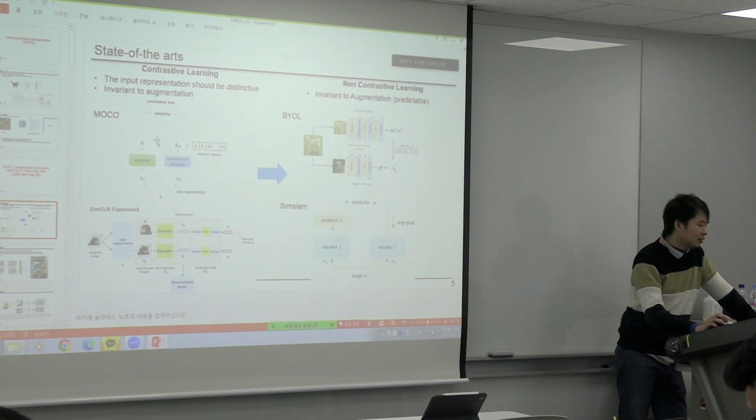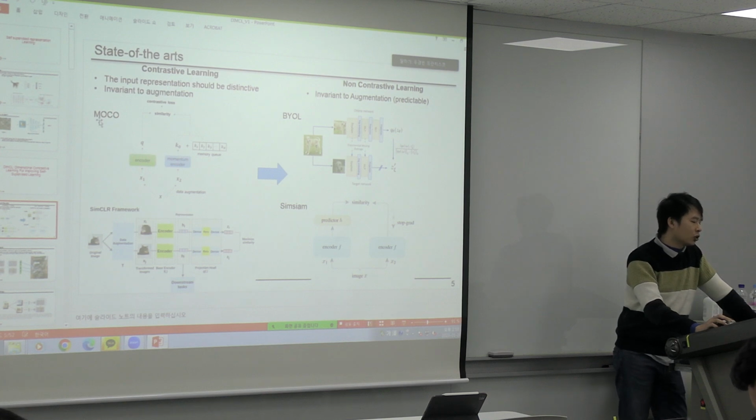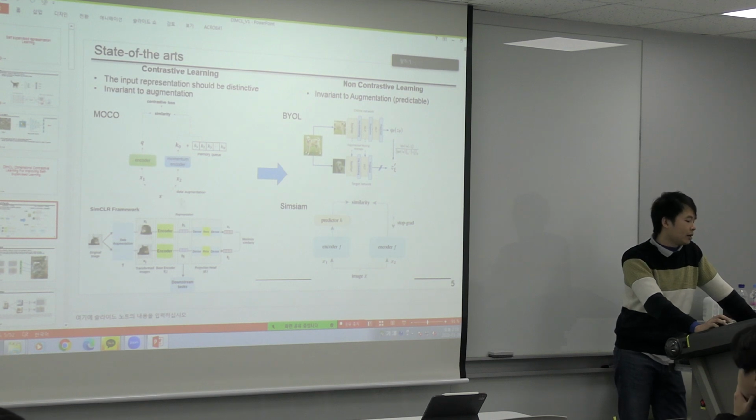How to do that? The first paper in this line of work is MoCo. MoCo represents a general framework where, given an input image, we can use some random data augmentations to produce two images, the first augmentation and the second augmentation.